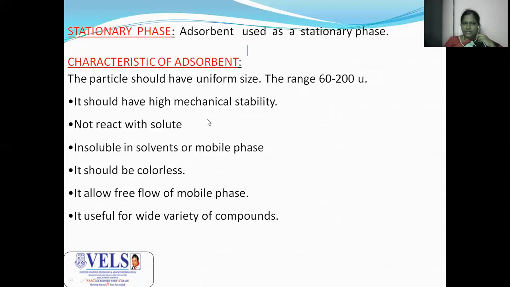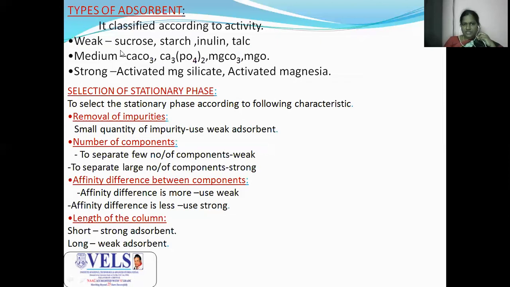It should have high mechanical stability, should not react with the solute, and should be insoluble in the solvent and mobile phase. It should be colorless, allow free flow of the mobile phase, and be usable for a wide variety of components. Adsorbents are classified according to activity: weak, medium, and strong adsorbent.